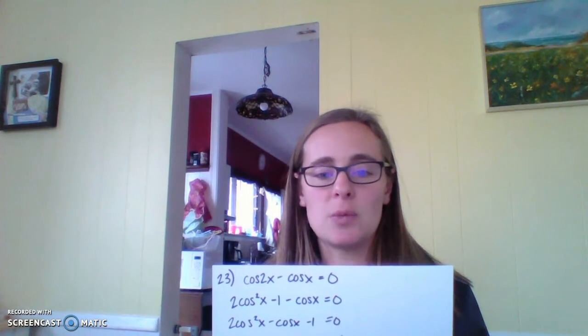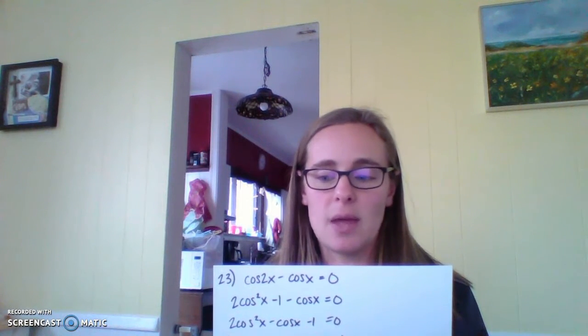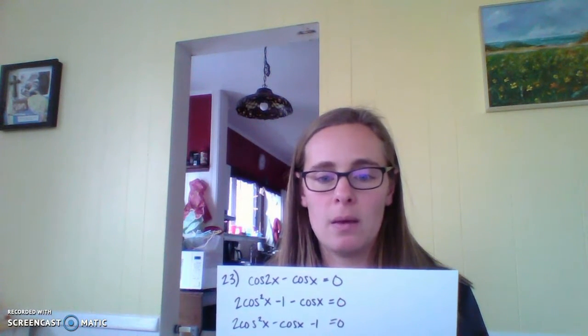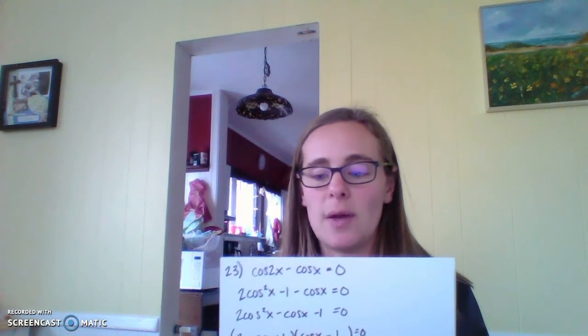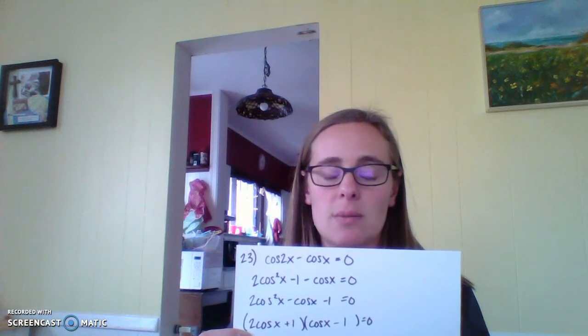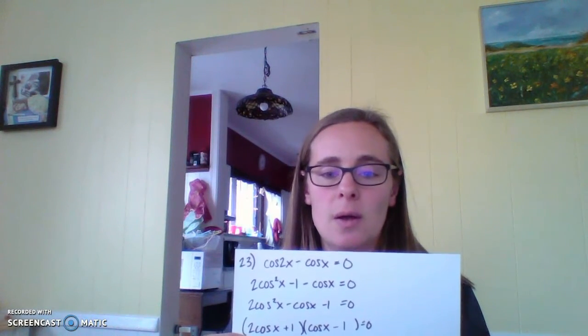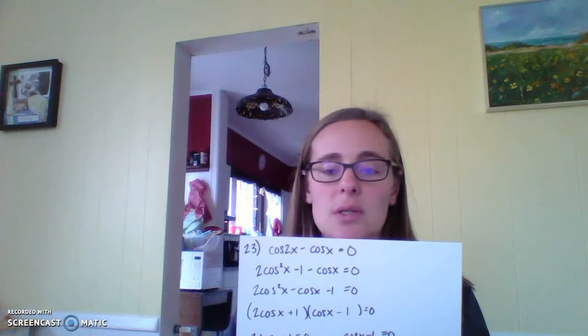At this point, that's something you can factor, so I'll give you a second, and you can factor that. Or you can pause it, I suppose that would probably be better. So you pause it when you're ready, keep going. Once it's factored, that is 2 cosine x plus 1 times cosine x minus 1 equal to 0. You can set both of those parentheses equal to 0.